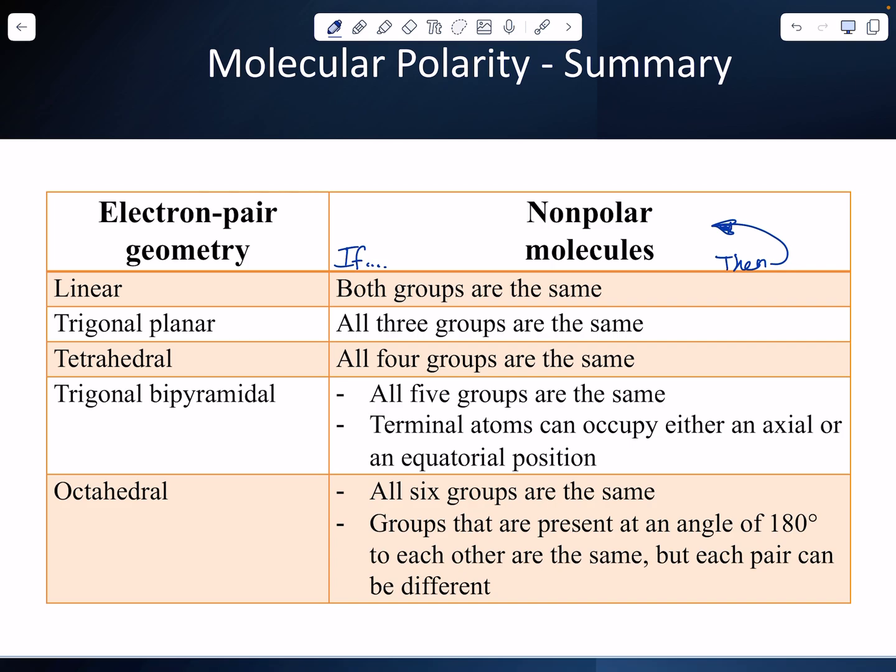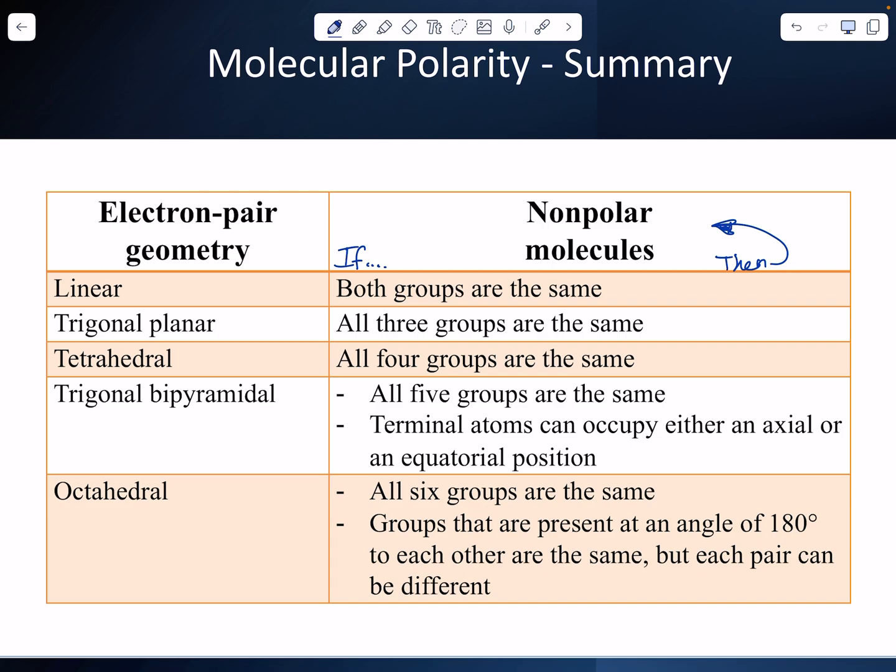Okay, so when we go to higher level geometries, if you have tetrahedral, it's all four things are the same. So hopefully you're seeing a pattern if you've got symmetry and you've got the same thing attached to your molecule. So again, whether you have 5 groups or 6 groups, if everything's the same, then you're going to have a nonpolar molecule.